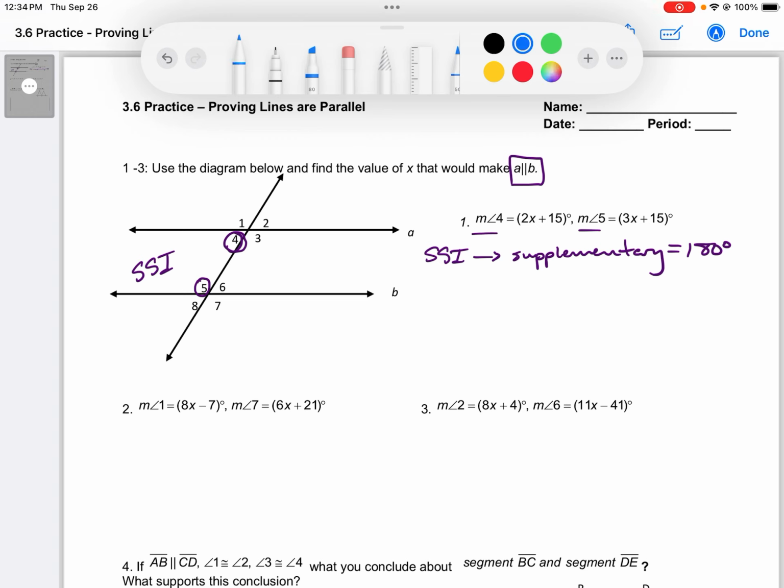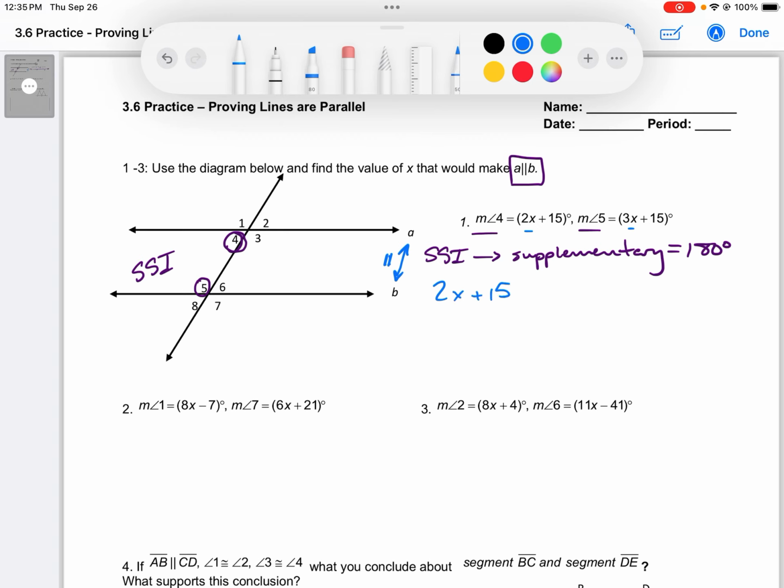That's only true if A and B are parallel. So we need to find what value for x would make them supplementary, and since they're supplementary, that would mean A and B are parallel.